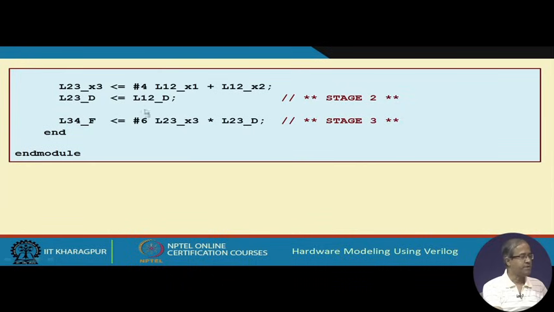So, L1 to x1 and L1 to x2 are added, and after a delay of 4 it is assigned to L23 x3, and the value of D is simply copied from L12 to L23. And in stage 3 you are doing similarly a multiplication with a delay of 6. You multiply L23 x3 and L23 D, and the result you are storing in L34 F. So, this is as simple as that.